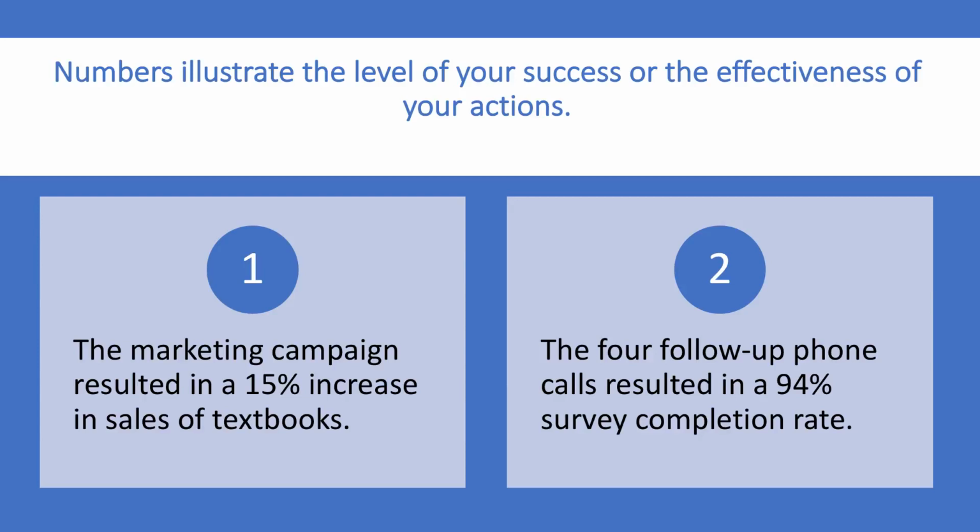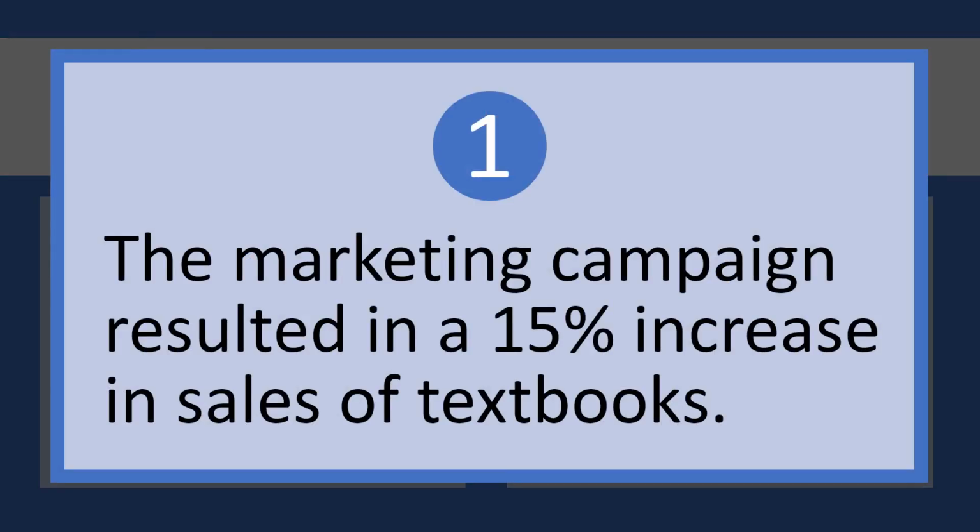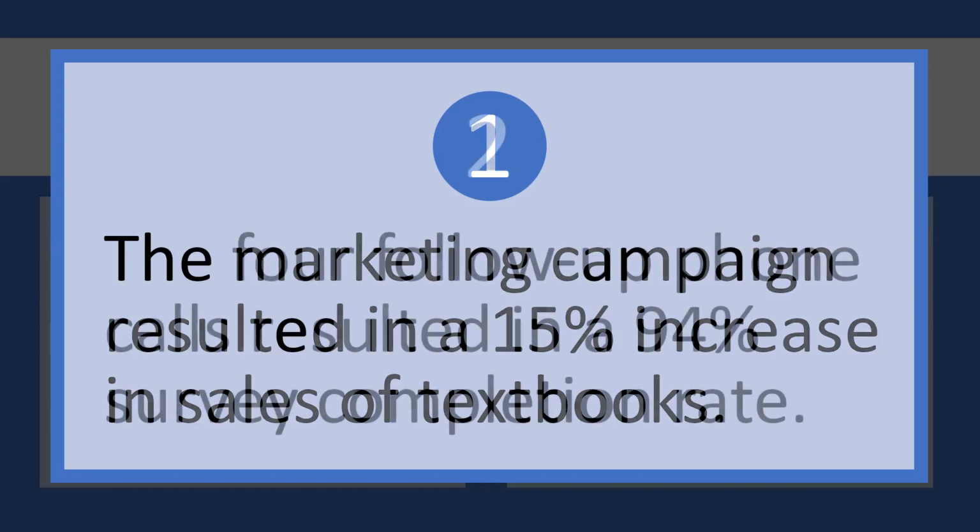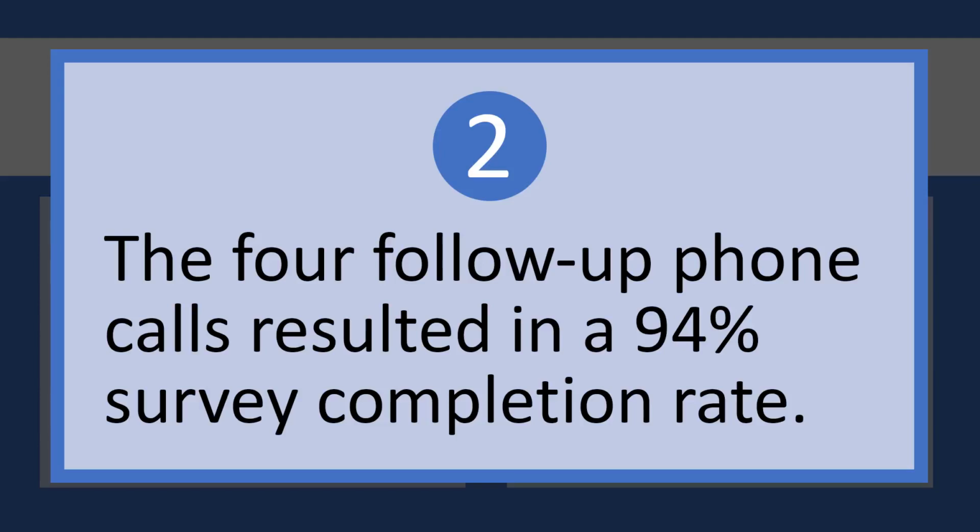Remember, when you are providing results, numbers illustrate the level of success or the effectiveness of your actions. The marketing campaign resulted in a 15% increase in sales of textbooks. We can tell exactly what the contribution was, what the marketing campaign achieved. The 4 follow-up phone calls resulted in a 94% survey completion rate.